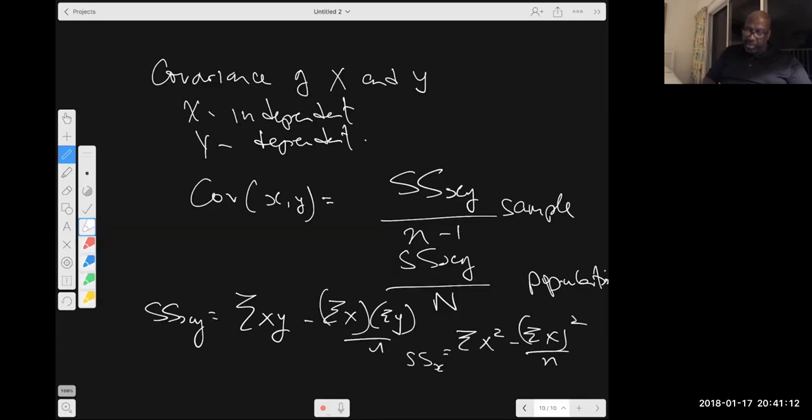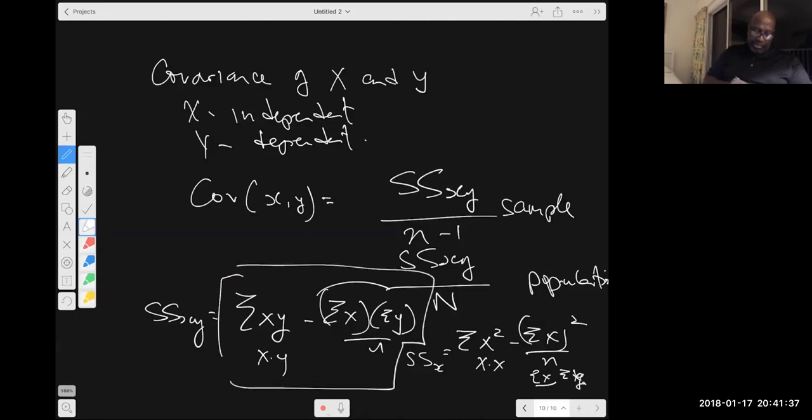So this represents x times x, but here this represents x times y. In this section right here, this represents sum of x times sum of x, whereas over here, it would be sum of x times sum of y, right? So as you can see, they're similar, but because we're dealing with two variables, x and y, we have to modify that slightly. And that's our shortcut formula.